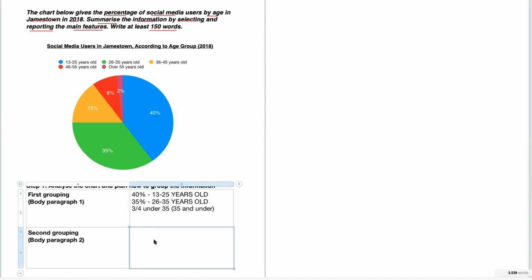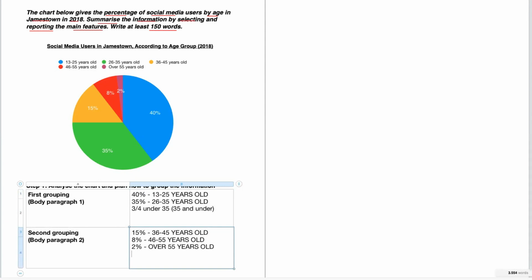Now for our second group, we are going to add 3 of these segments. So we have 15%, and that is 36 to 45 years old. Then we have our 8%, and that is 46 to 55 years old. And our last very tiny segment is 2%, and that is over 55 years old.